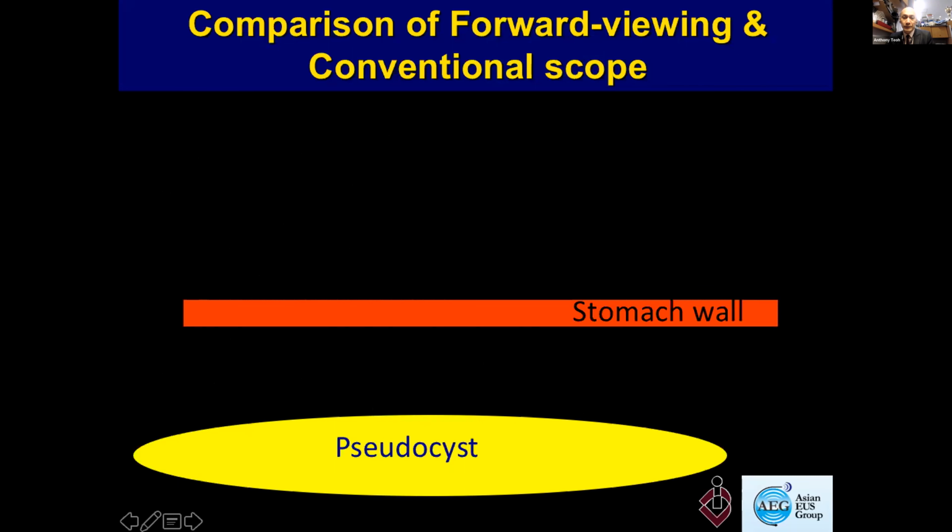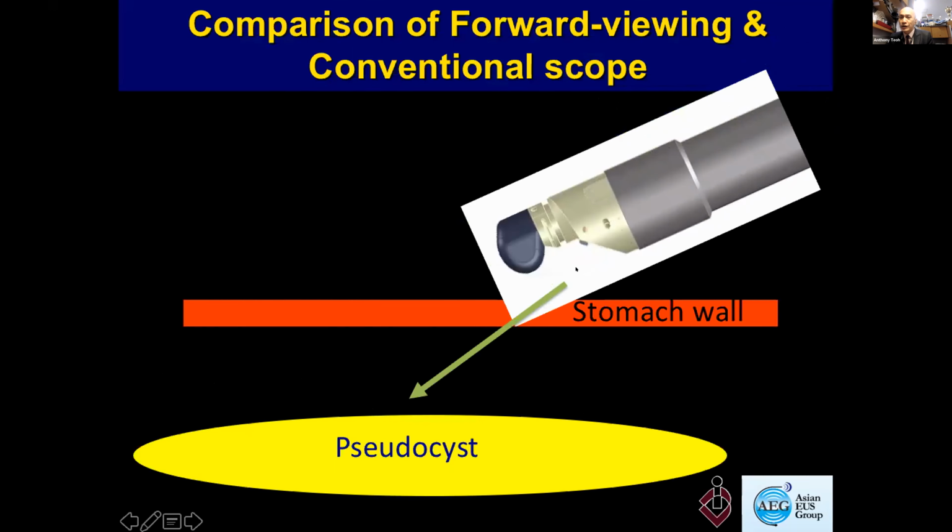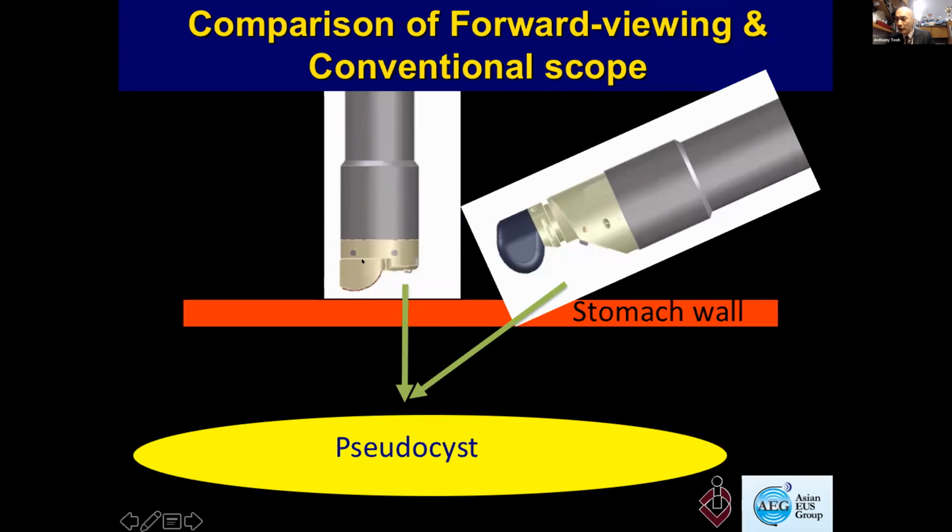So in the past, someone has compared the conventional linear echo endoscope versus a forward viewing echo endoscope. I think most of us are used to doing this procedure with a linear echo endoscope at the angle.